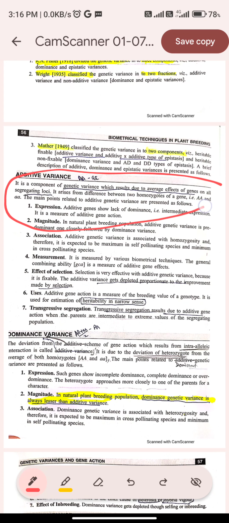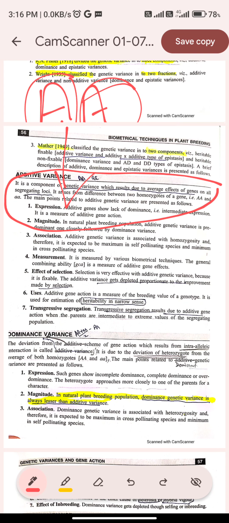Suppose you have two loci, capital A, capital A. The average effect of each locus will give you the additive variance.